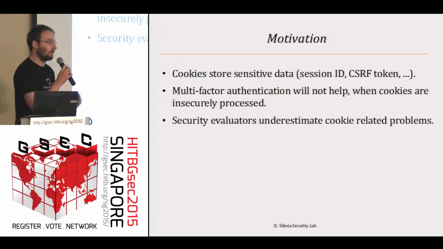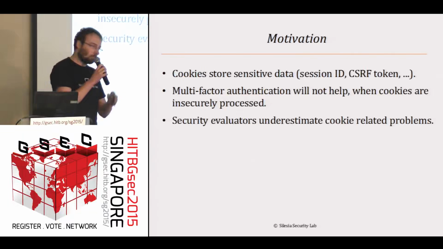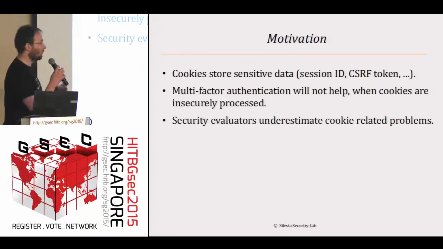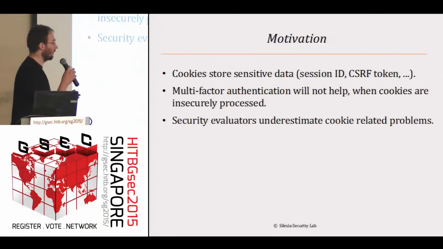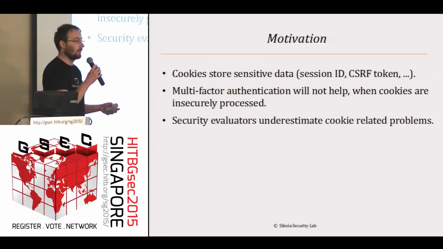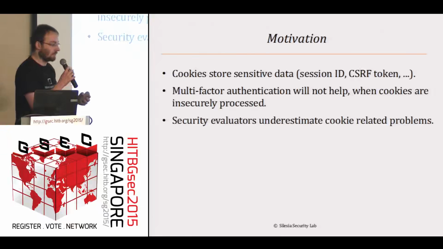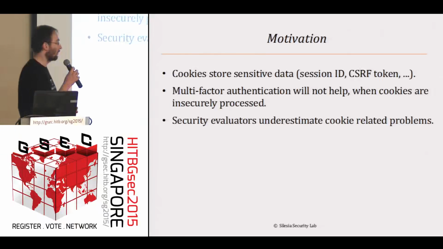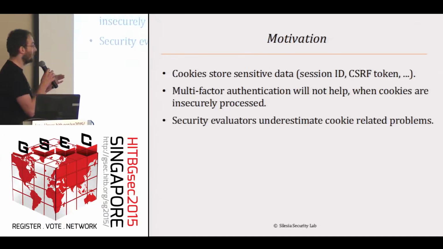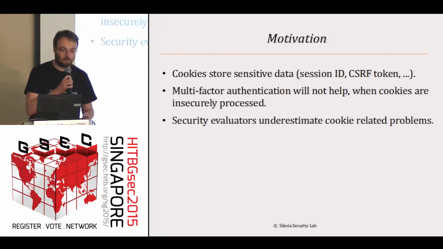From the CVSS point of view, we've got three access vectors: local, adjacent network, or remote. In many cases, we can exploit cookie problems remotely, and then automatically the risk is higher, with more severe consequences, and so on and so forth. So this is yet another point why I want to give this talk.